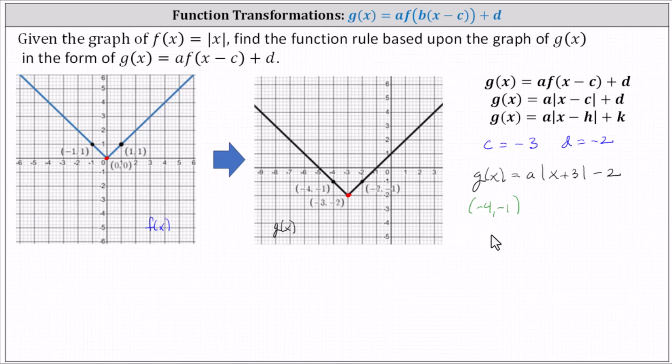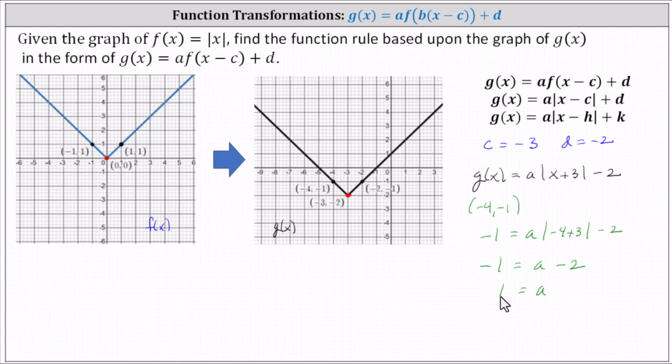This gives us -1 equals a times the absolute value of the sum of -4 and 3 minus 2. Inside the absolute value we have -4 plus 3, which is -1. The absolute value of -1 is 1. A times 1 is a. We have -1 equals a minus 2. Adding 2 to both sides, we have a equals +1.